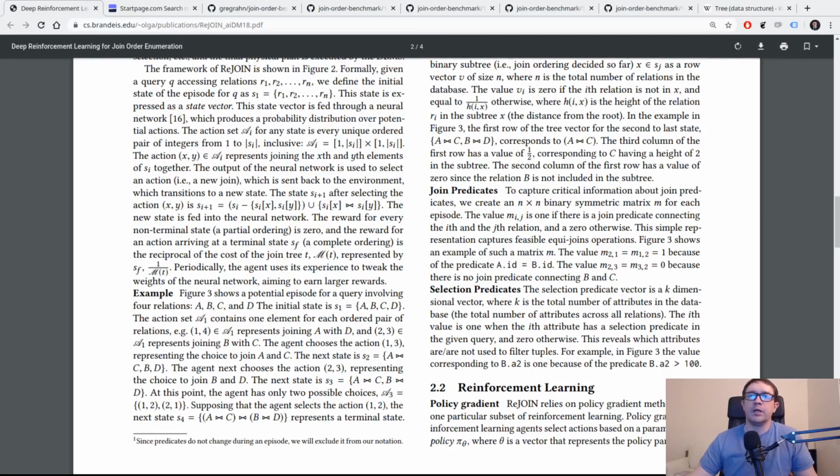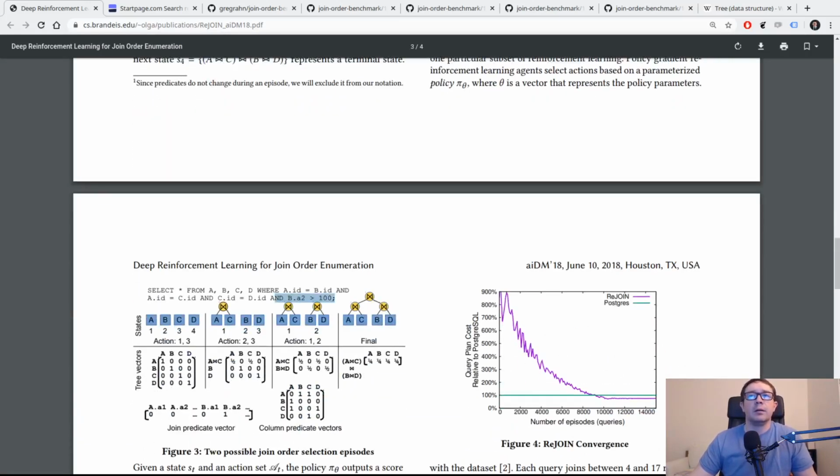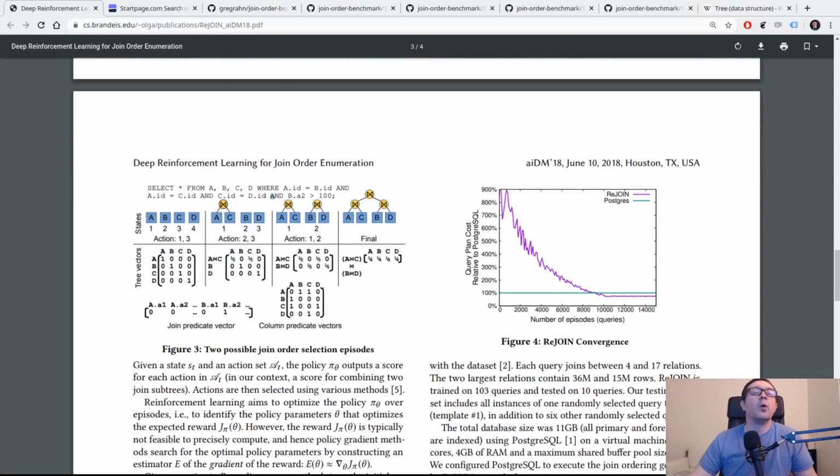For example, in figure 3, the value corresponding to B.a2 is 1 because of the predicate B.a2 greater than 100. So we have B.a2 greater than 100, a filter where you want to filter results by the value in B.a2, and no other elements in the other relations, A, B, C, D, or whatever tables they are.